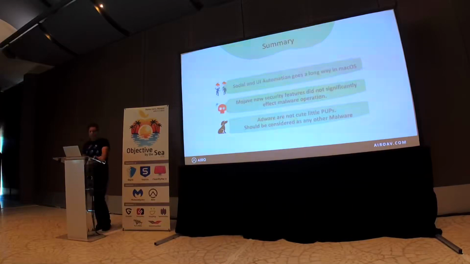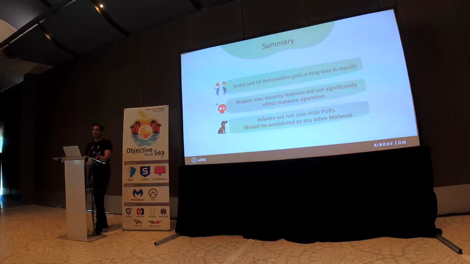So to summarize this talk, we saw that using social engineering and a little bit of UI automation can go a long way in actually infecting millions of Mac users. You don't always have to use expensive exploits or other sneaky ways. You can just walk in the main door, and it's usually enough. Mojave's new features, while they're probably very good for users' privacy, didn't have a lot of effect on actual malware infection numbers.